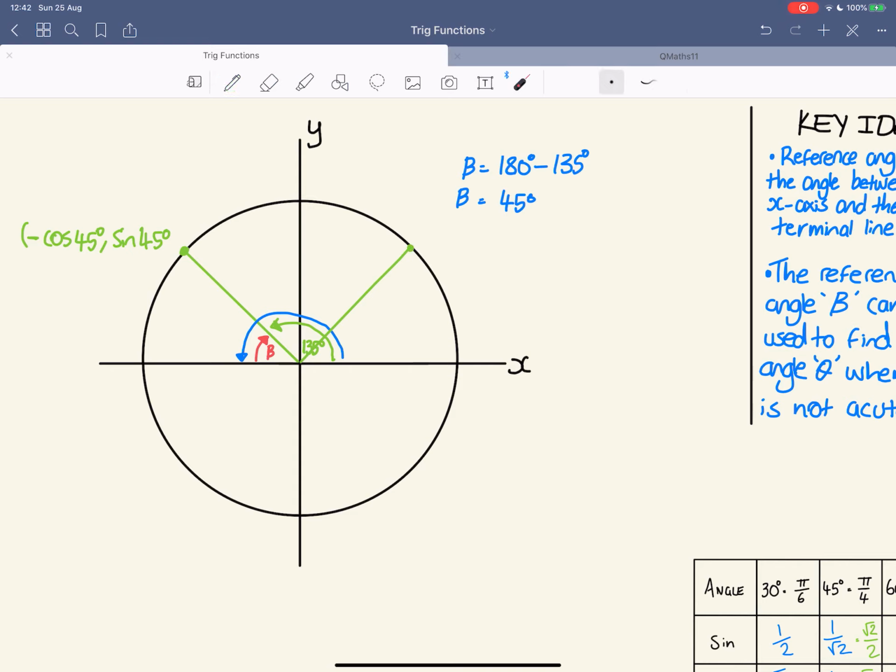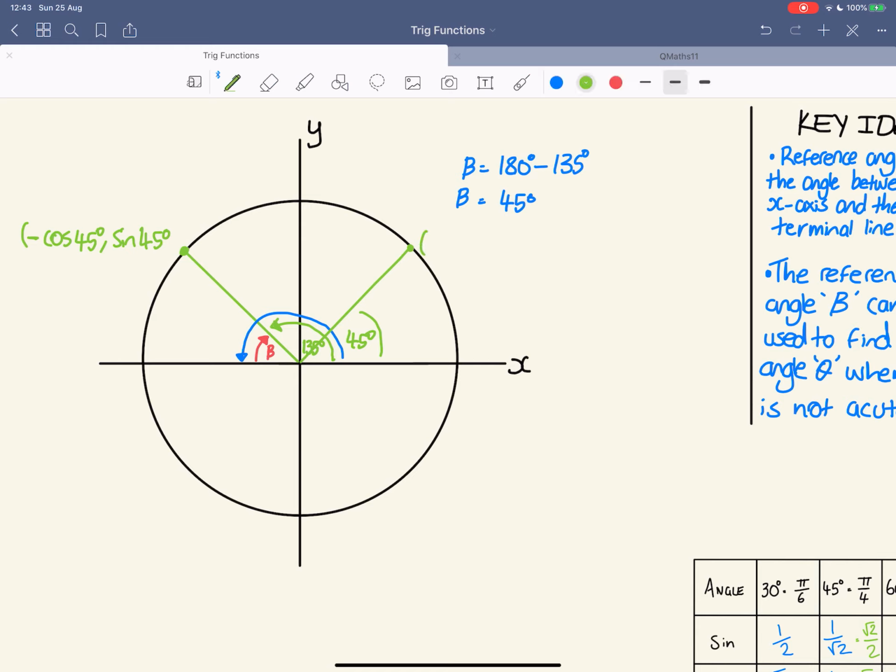How far do I have to go across? Well, if we know that this angle here is also 45, because we just said we'd make a 45-degree angle, then this must be cosine of 45 across and sine of 45 up. And I'm going in the positive direction here and the positive direction here.